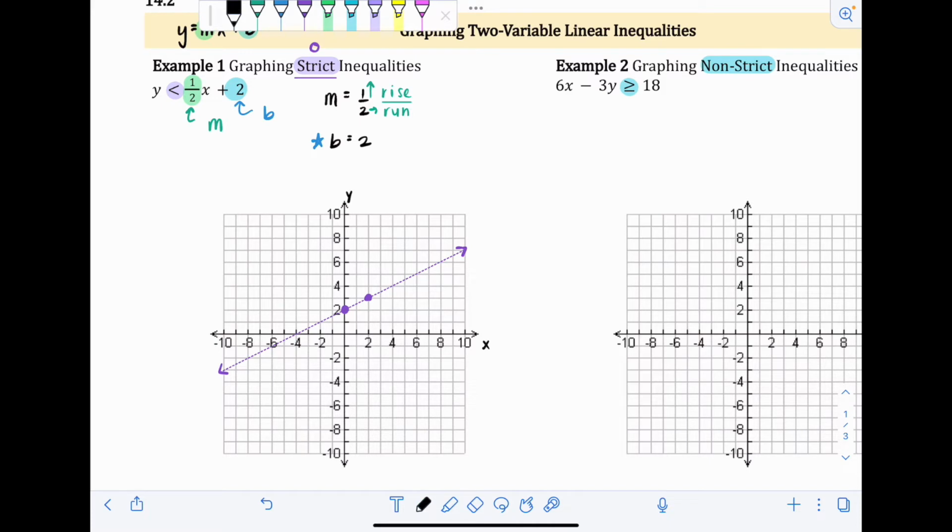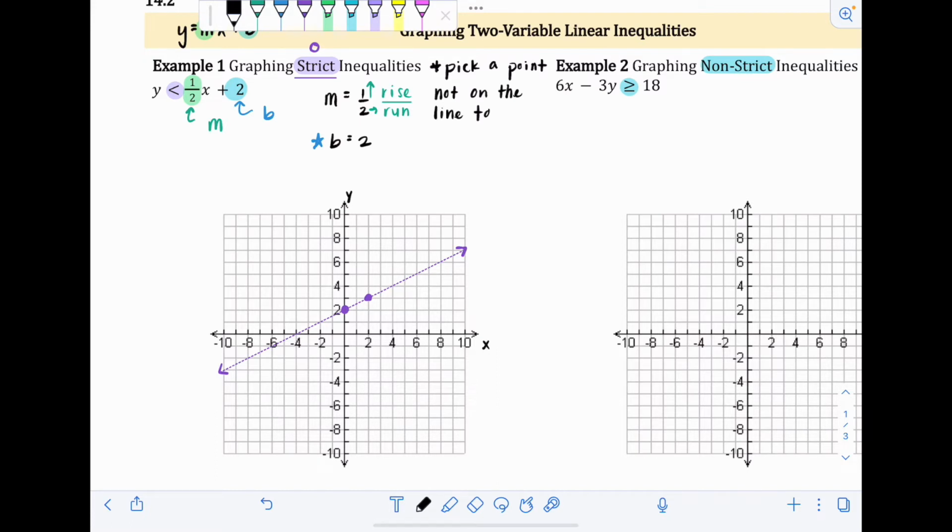So I'm going to leave a note for that because I think that's really important. It's kind of counterintuitive. And you should add this note as well: pick a point not on the line.